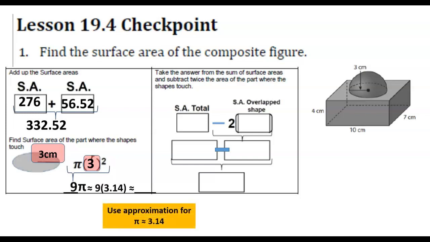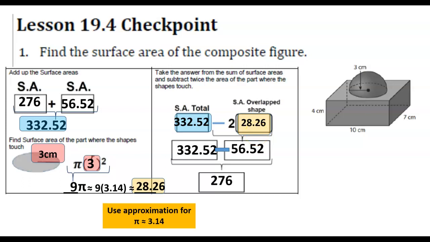It'd be about 9 pi, and of course an approximation for that would be 28.26. So let's take our surface area total and our overlap shape. Let's work this out. Pause and do so now. And unpause. Hopefully you got the following and you're done with the checkpoint.